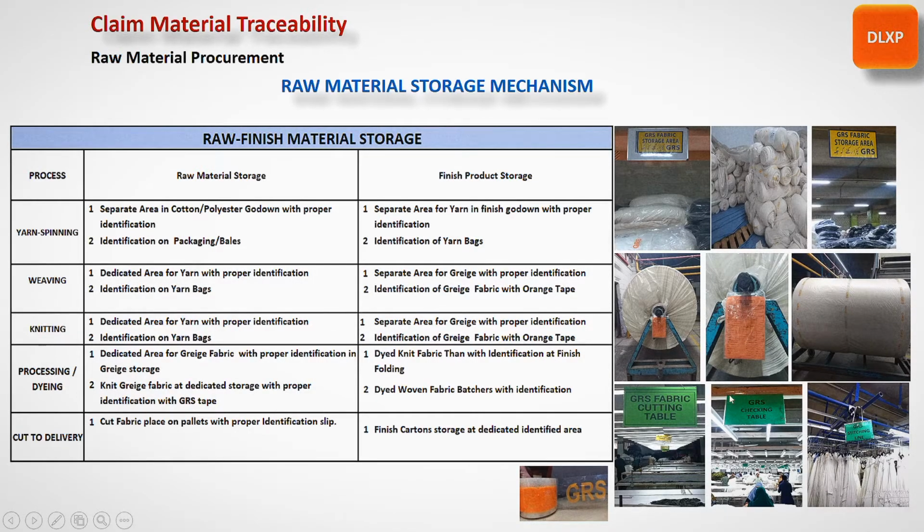For instance, the first picture shows the dedicated area marking. The second picture shows the knit fabric with identification tape. The GRS tape is mentioned there. The third one is the GRS fabric storage area, with area identification boards and everything.